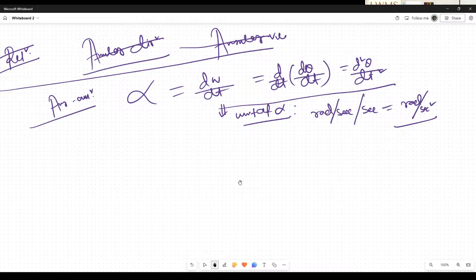Now we are going to define uniform circular motion. Let us define it first. Uniform circular motion. What is that?